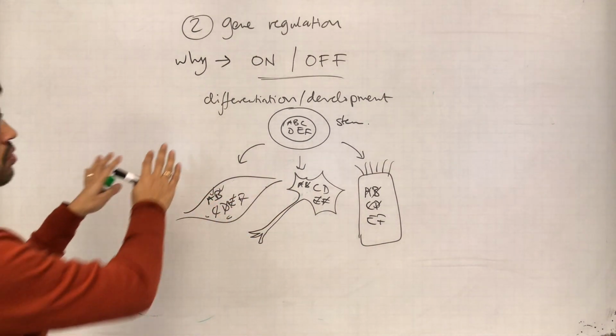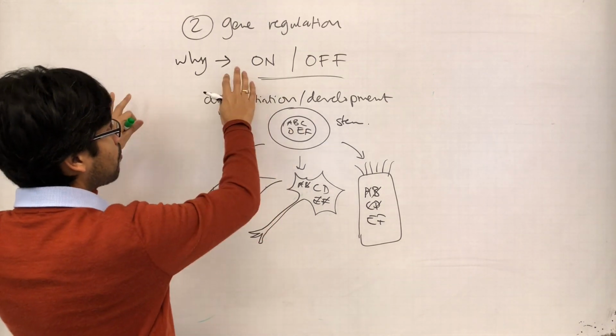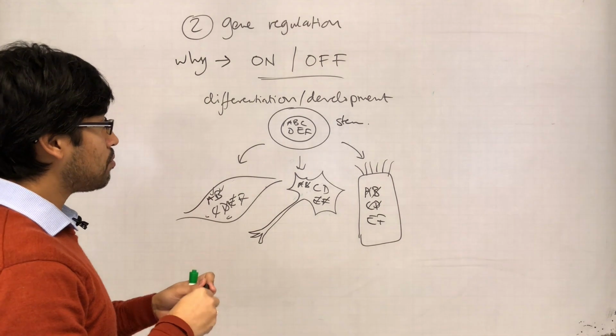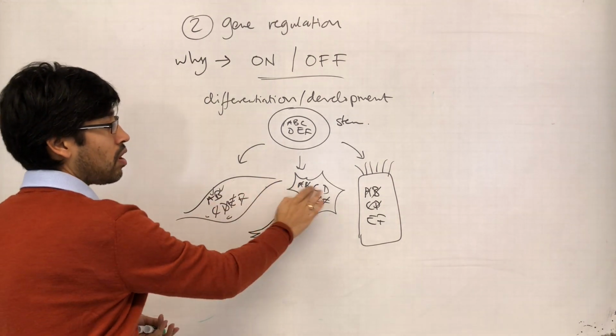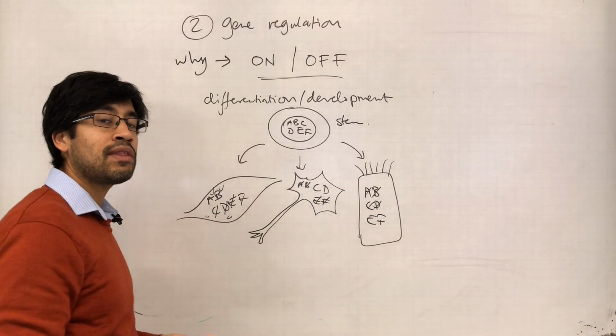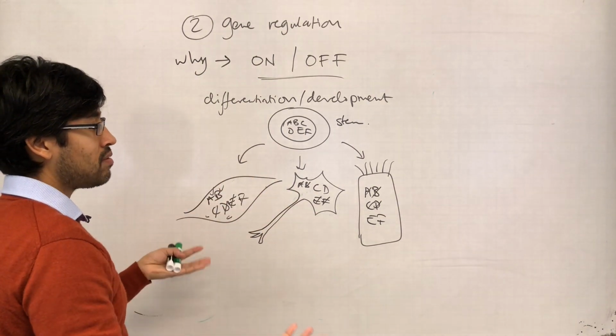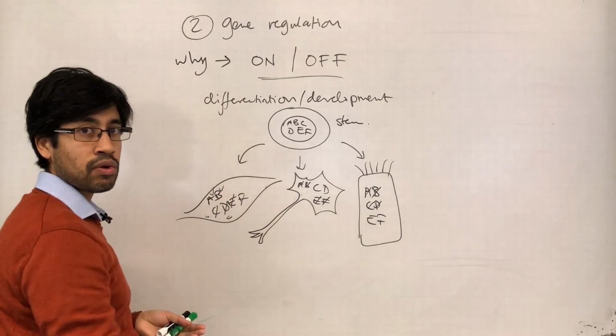So I hope we can see why being able to turn genes on and off is important, because cells can't delete the DNA that they don't need. So how are they going to behave differently? By being able to turn genes on and off.